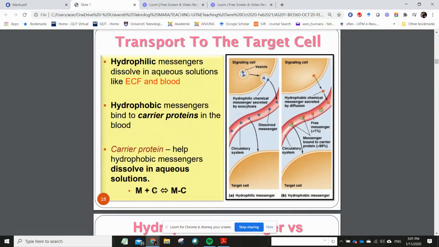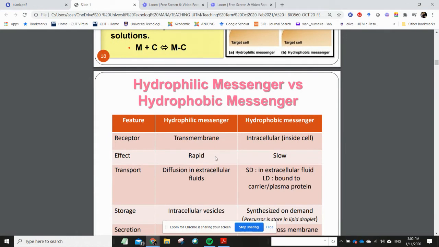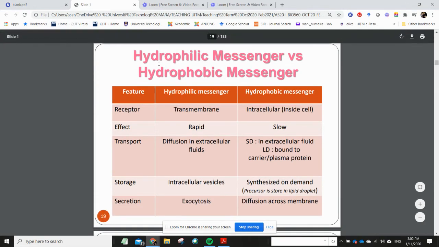So the messenger binds with the carrier protein and makes a messenger-carrier protein complex. This is biochemistry. It will travel via the blood to the target cell. The endocrine cell is the signaling cell. So this is comparing hydrophilic and hydrophobic messengers.